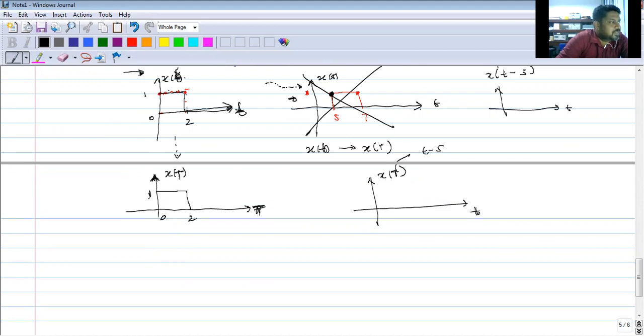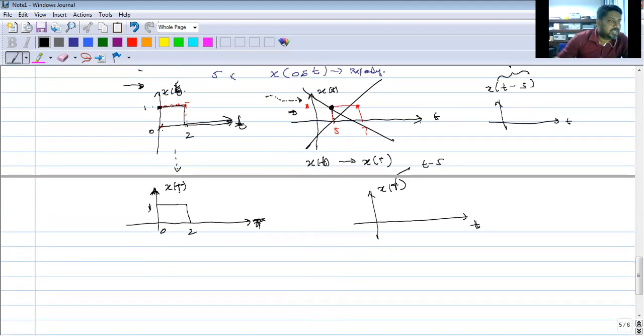So I will consider this point. This is our first point. It is at x(t) at t equal to 0. So x(t), if t is equal to 0, that means x(0).